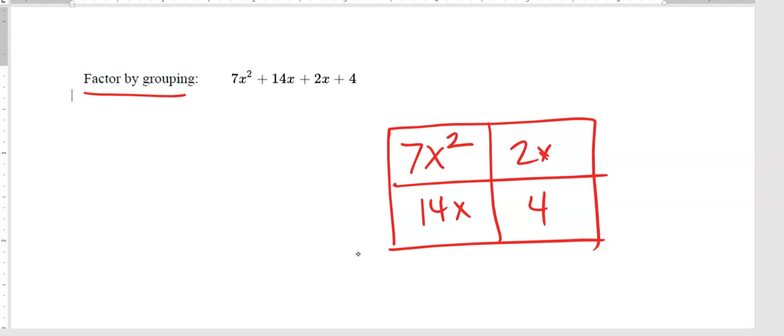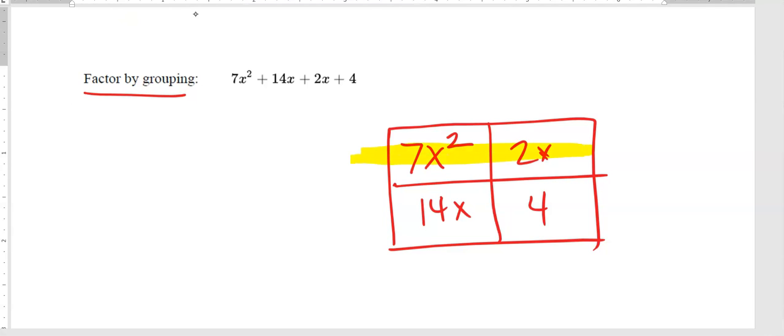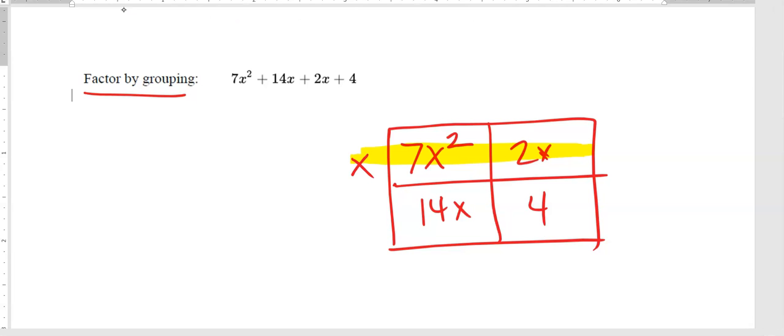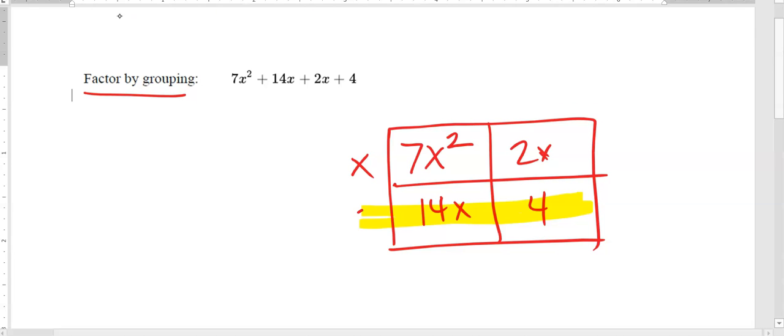Okay? Now, you want to look here in this row and say, what is your greatest common factor? Well, my greatest common factor here is x. Okay? Then you look at this row. And my greatest common factor here is 2. Okay?